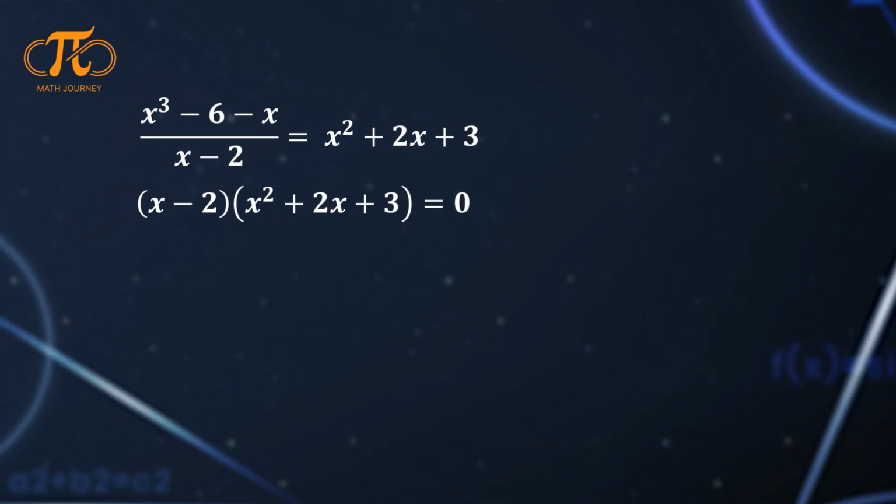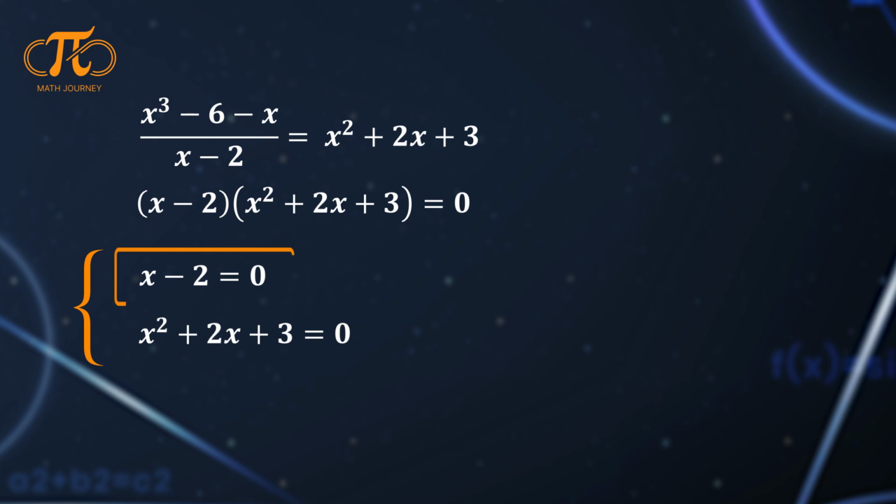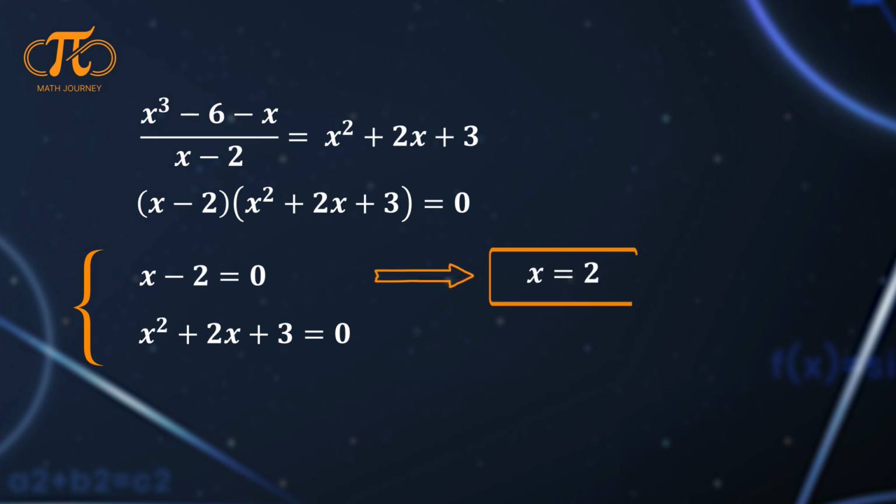But we're not done yet. Since the equation can be factored, we need to make sure we've considered all possible roots. We'll factor the cubic equation as (x − 2)(x² + 2x + 3) = 0. This means that either x − 2 = 0 or x² + 2x + 3 = 0. Solving the first equation, we get x = 2.